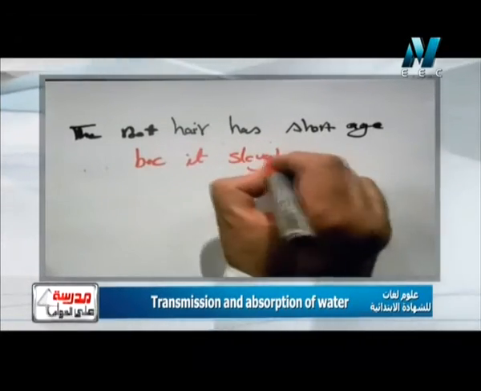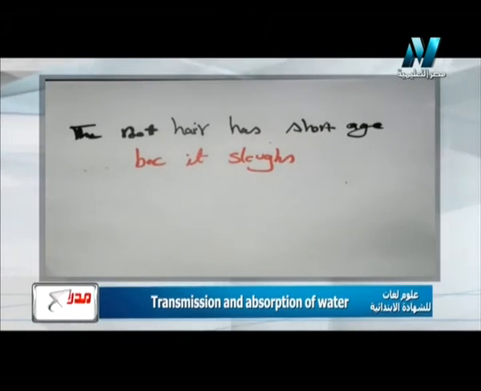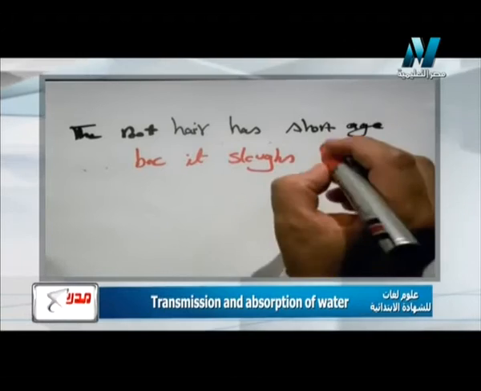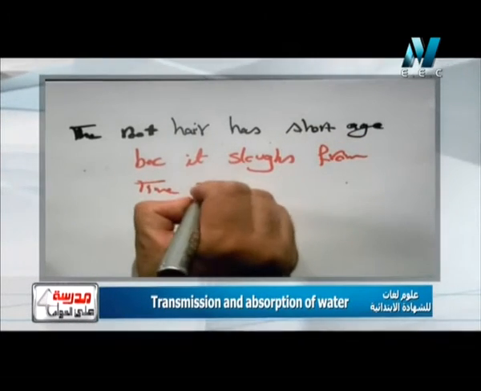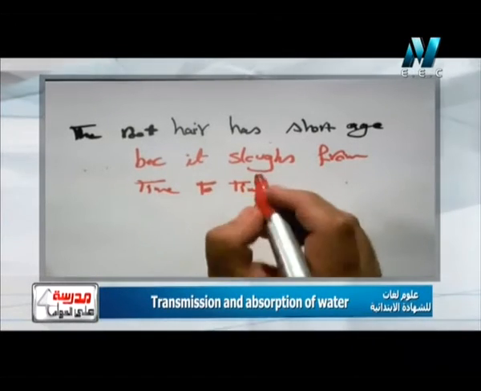Okay, can you give me another meaning for sloughs? It makes friction with the soil. Okay, it makes friction with the soil, so it sloughs from time to time. It can be worn out, from time to time. Why?